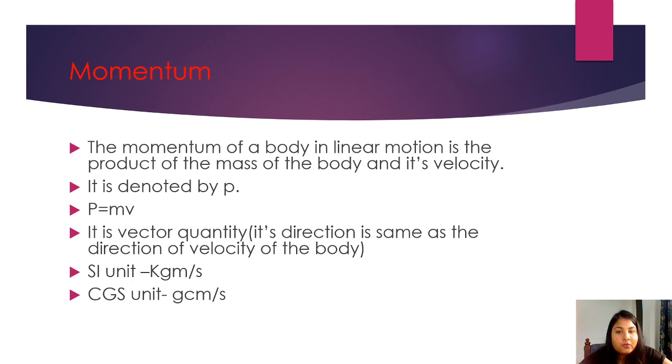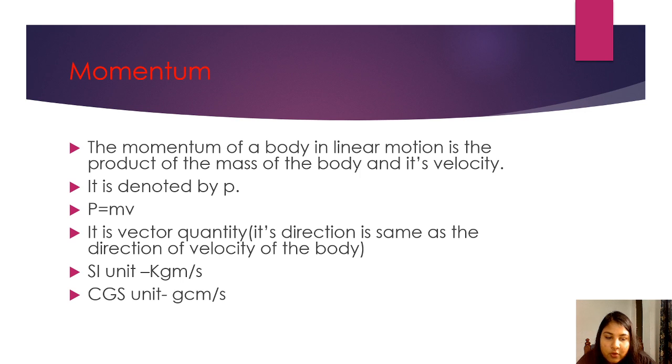Here, what is momentum? The momentum of a body in linear motion is the product of the mass of the body and its velocity. Mass and velocity, the product of both is taken, then it is known as the momentum, which is usually denoted by P. Okay, P is equal to mv, where m is mass and v is the velocity of the body.